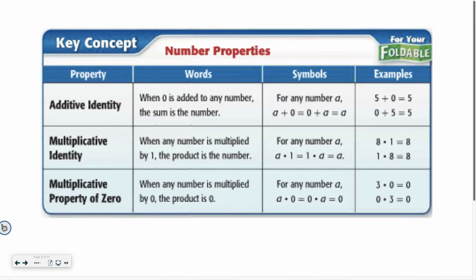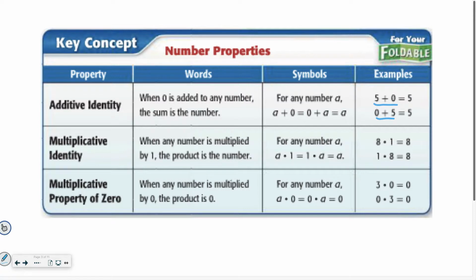Then we have the additive identity property. The additive identity is when you add 0 to anything. When you add 0 to something, it doesn't actually change the number. The number keeps its identity. Okay, so 5 plus 0 equals 5, or 0 plus 5 still equals 5.